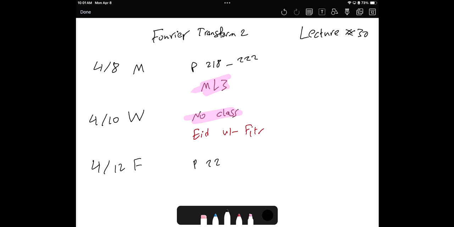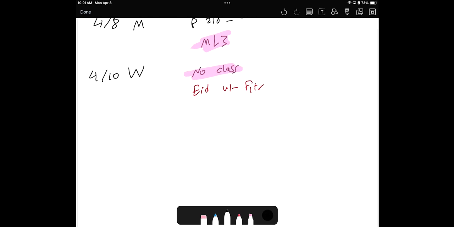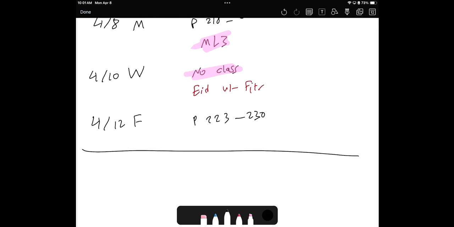Then the readings from page 223 to 213. Next week, on Monday, the readings are from page 261 to 263, and it's the due date for homework number 13.